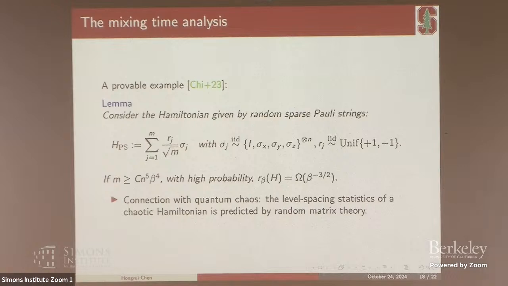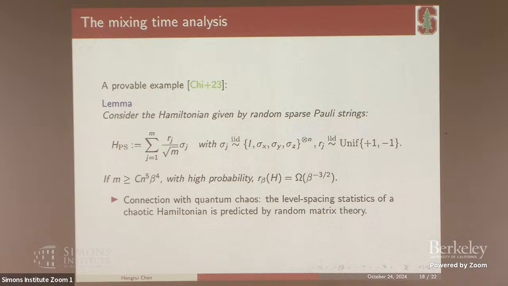There is also a provable example for this, and this example is picked from a work from Anthony several years ago. They consider the problem of preparing the ground state or a low energy state for some Hamiltonian.